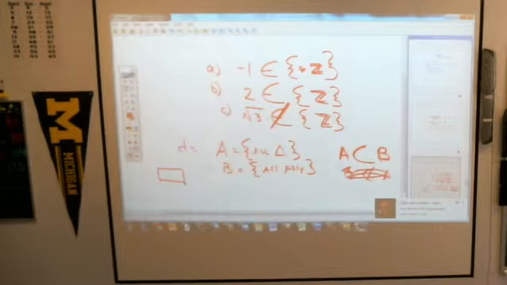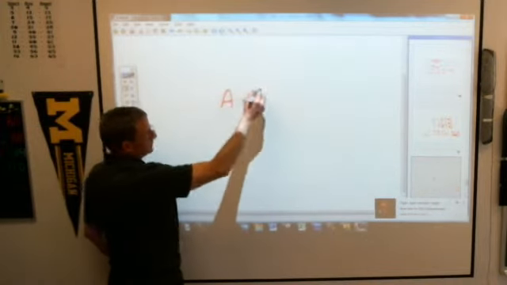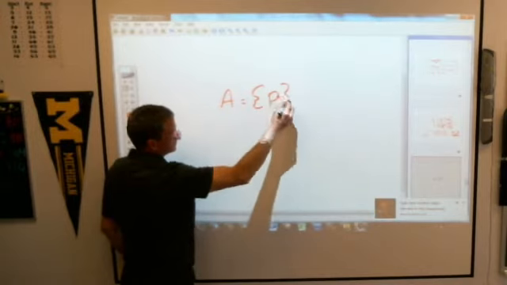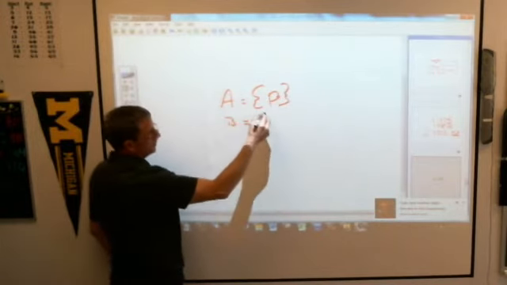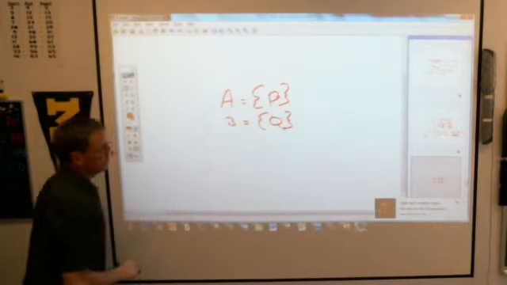Look at letter E. A is all real numbers. B is all rational numbers. Oh boy, ready? A is all real numbers. B is all rational numbers. I just used a little finger.